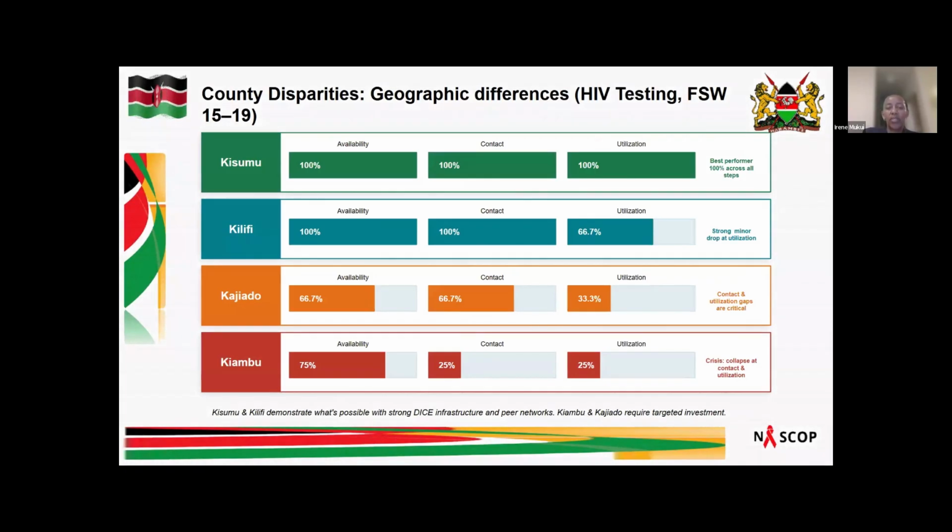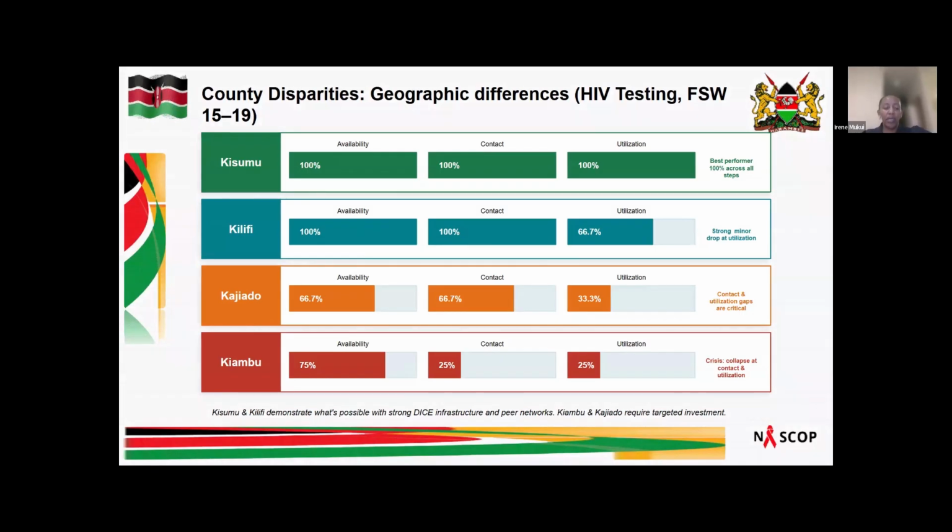So we also found differences across the different counties. As I mentioned, we looked at 9 different counties, but for the different counties, we had some of the subpopulations that were not covered. So among the FSWs in the 15 to 19 age category, you see for Kisumu, which was one of the counties, very high coverage across the different steps of the cascade for HIV testing, and then you start to see differences.